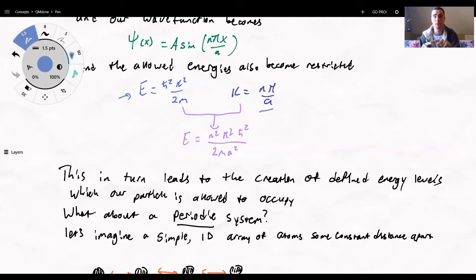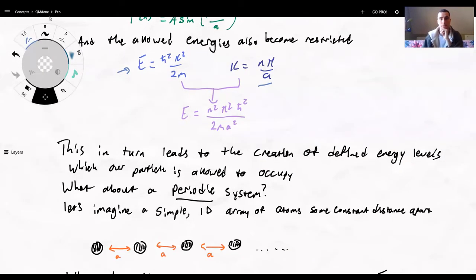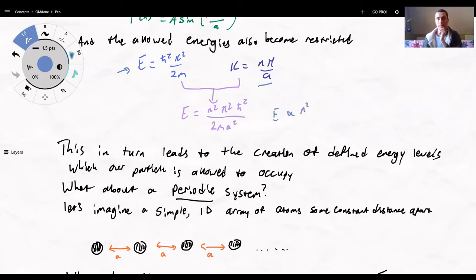So we combine those terms and we get that the energy is equal to n squared pi squared h bar squared over 2m a squared. So the important part here is that E is going to be proportional to n squared, right? And n has restricted values. It has to be an integer number, either positive or negative. And so the energies have to be these discrete values.